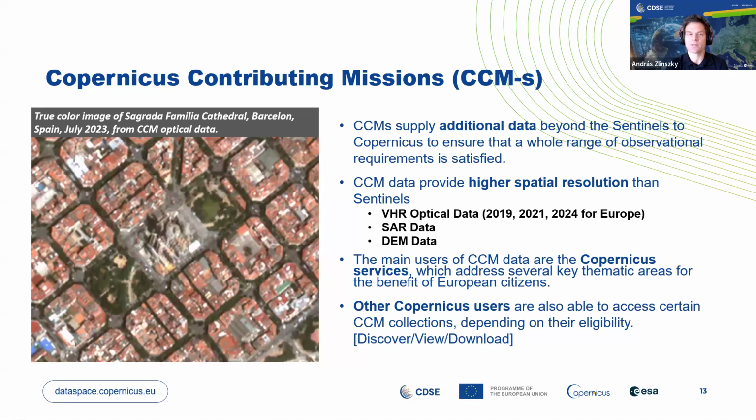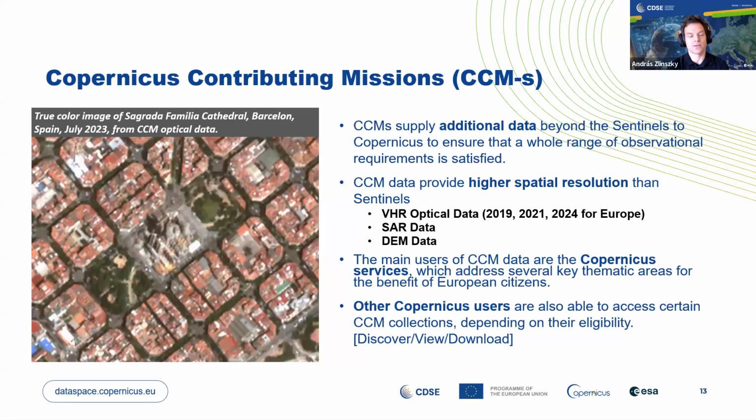One of the most important points of criticism towards the Sentinel program is that the images are low resolution. We hear this every day. The images are 10-meter resolution. This is a result of a lot of development, and it makes a good compromise between spatial and spectral resolution. But for some applications, you need high resolution data. And so in the framework of the Copernicus Contributing Missions program, additional high-resolution images are being bought and supplied to specific stakeholders.